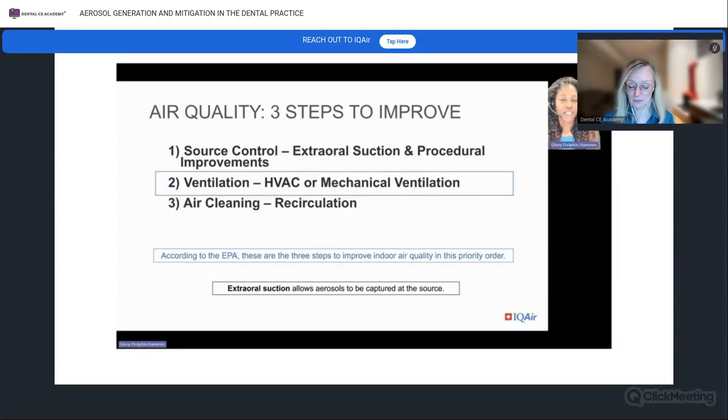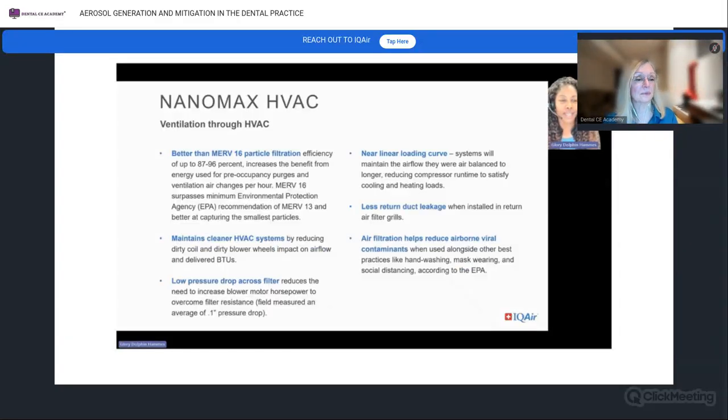Great. Ventilation, HVAC or mechanical ventilation. Let's talk about that in detail. We have a product called NanoMax. It's able to achieve better than MERV 16 filtration because it has a high surface area, lots of pleating surface, and it provides a low pressure drop across the filter, and it works through the HVAC system.